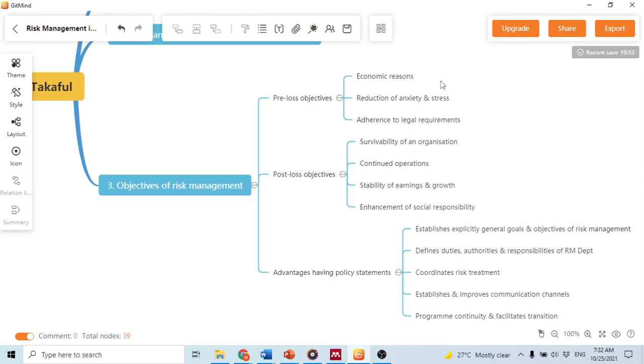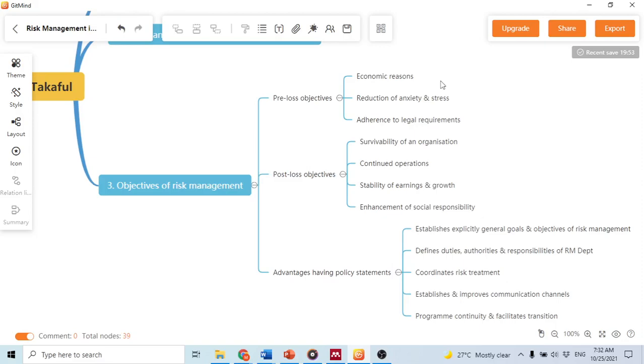So it is a trade-off, having a takaful, for example, in order to cover certain types of potential loss which can happen to a company.